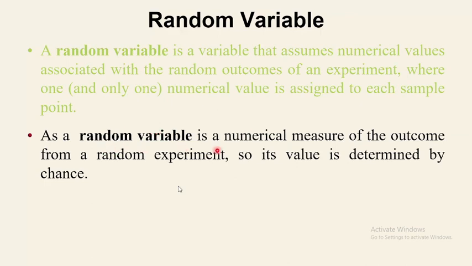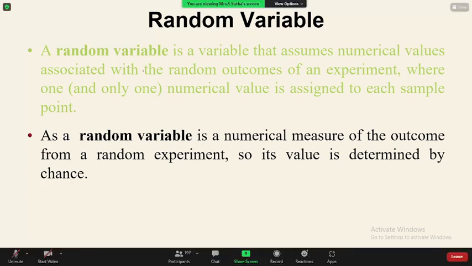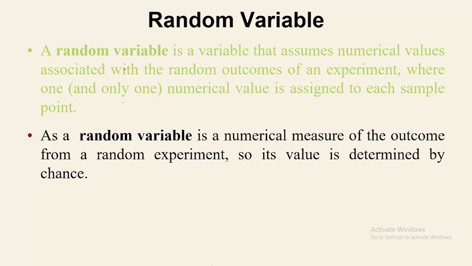For a simple example to understand what is a random variable, our random experiment is tossing a coin.